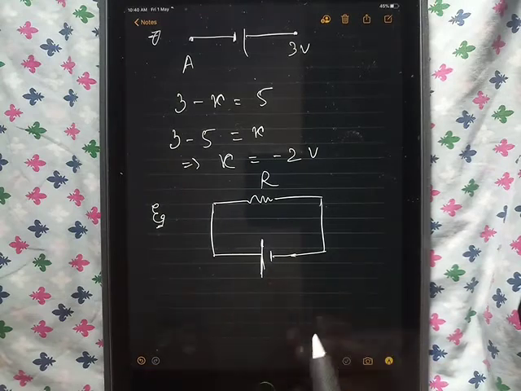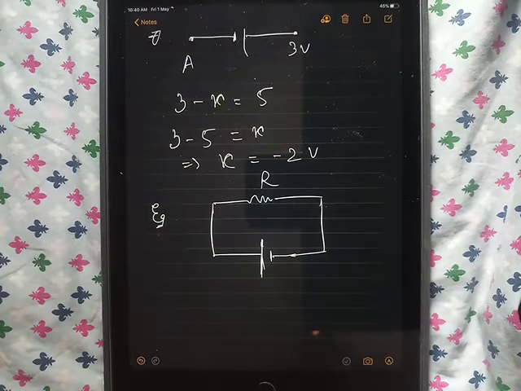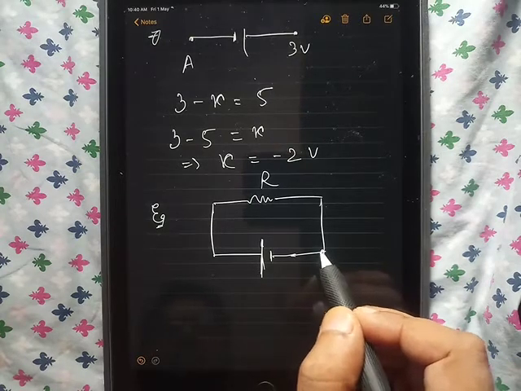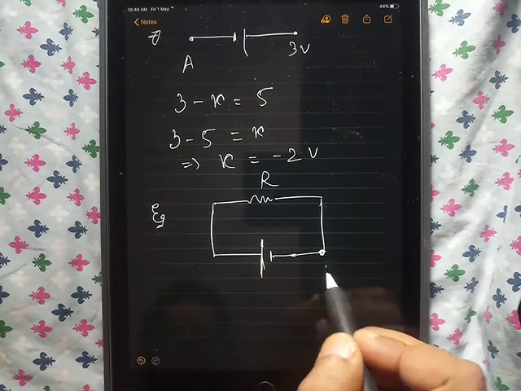Whenever you define potential or potential energy, as in the previous chapter, you have to consider a point where potential is 0. For convenience, we consider infinity the point where potential is 0. Here suppose we consider this point 0.